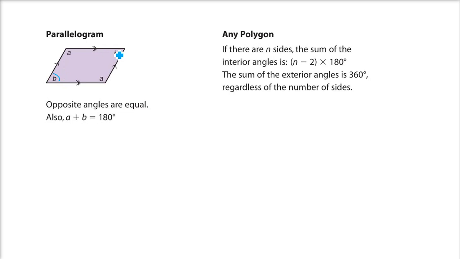That is, B should be equal to D, and A should be equal to A. If you see B and B, that means these two angles are equal. Then only we can say that it is a parallelogram. For any polygon, that is a figure with n sides, the sum of interior angles will be n minus 2 into 180 degree, and the sum of exterior angles for any polygon will always be equal to 360 degree.